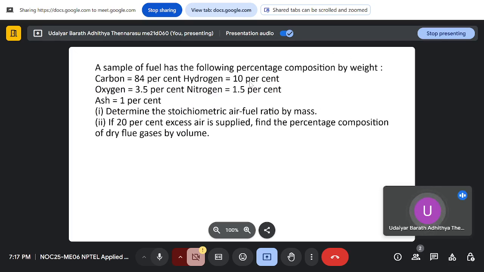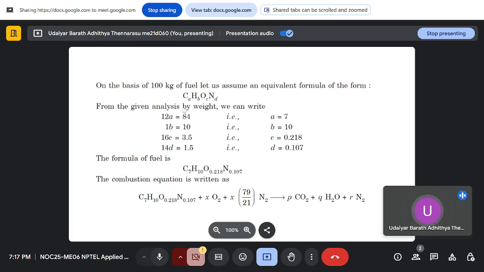Because the composition is given by weight, we are converting into moles. So 12a equals 84, so a is 7; 1b equals 10, so b is 10; 16c for oxygen is 3.5, so c is 0.218; and 14d is 1.5, so d is 0.107. So this is how the formula looks: C7H10O0.218N0.107.